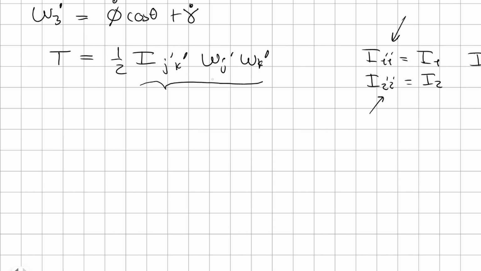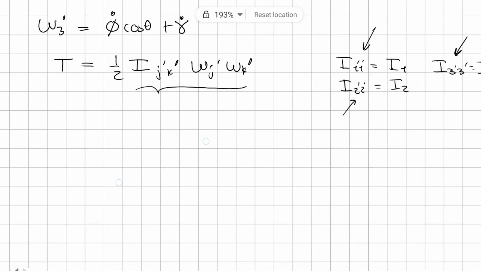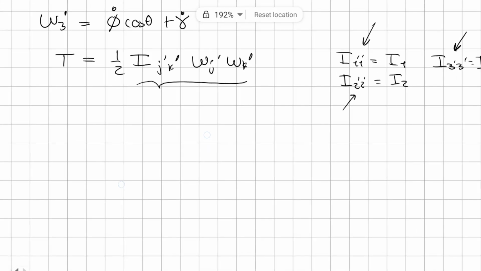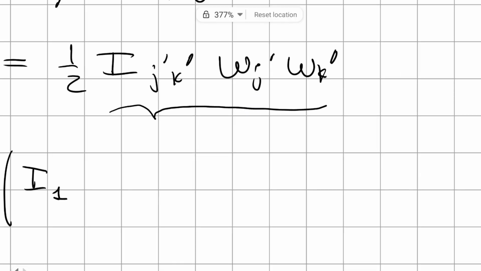Okay, so we are going to get that this is 1/2 I11, which is just I1, times omega 1 omega 1. Because remember, if these indices are 1, 1, looking at the j index, the omega has to match with the first index of the I, so it has to be omega 1.